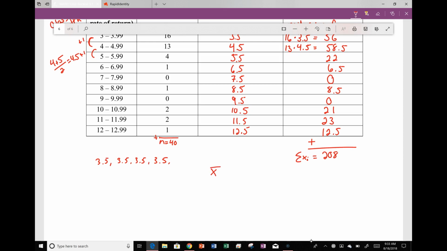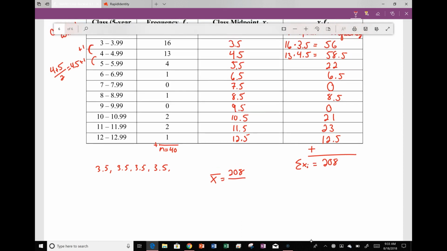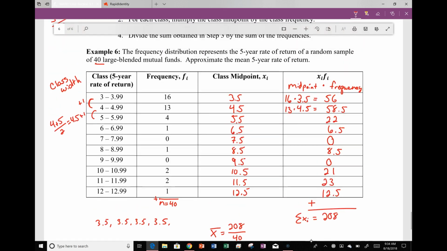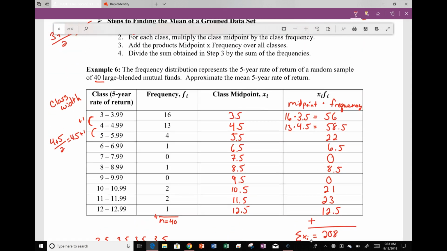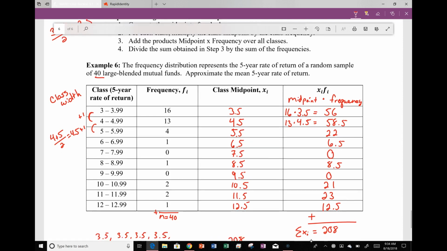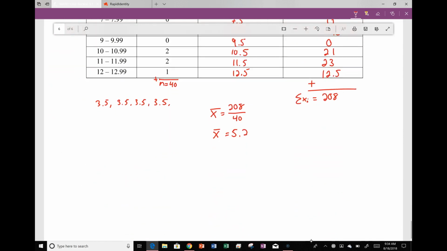My sample mean will be 208 divided by not how many classes there are, but what my total frequency is, divided by 40. When I do this division, I'm going to get 5.2. My mean 5-year rate of return is 5.2.